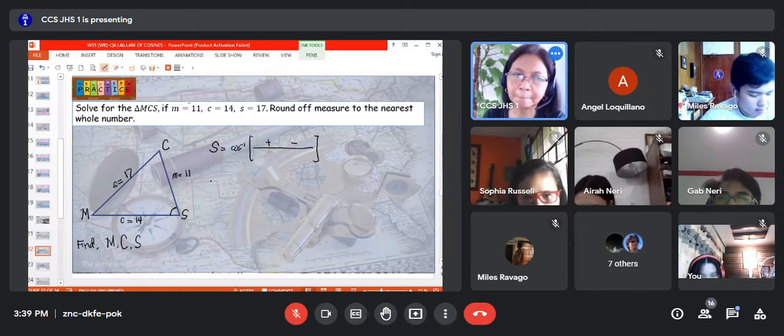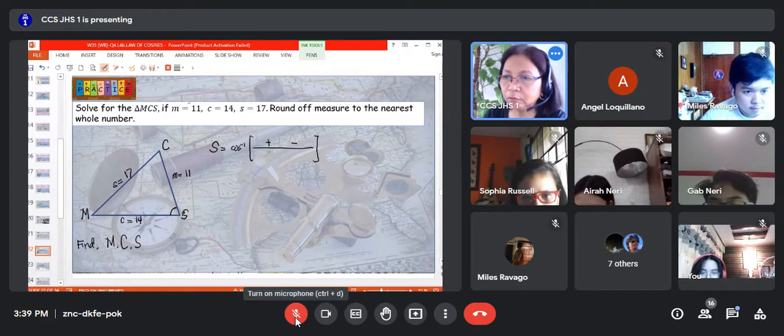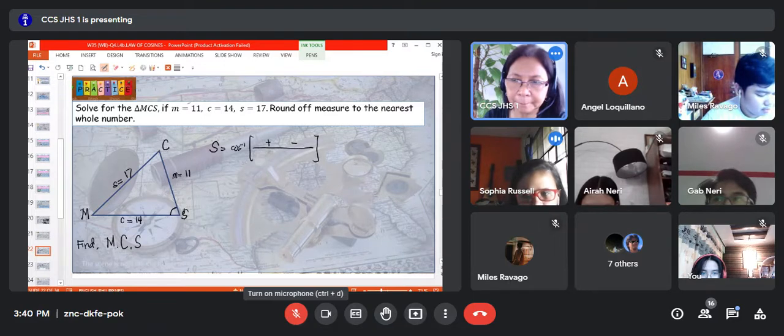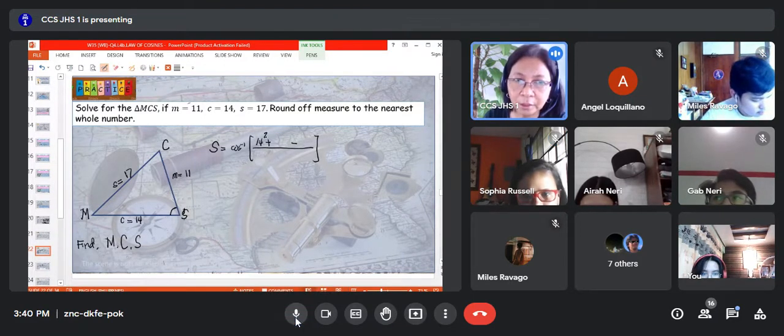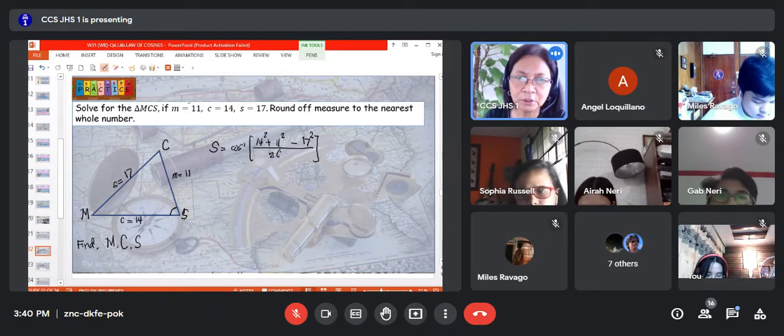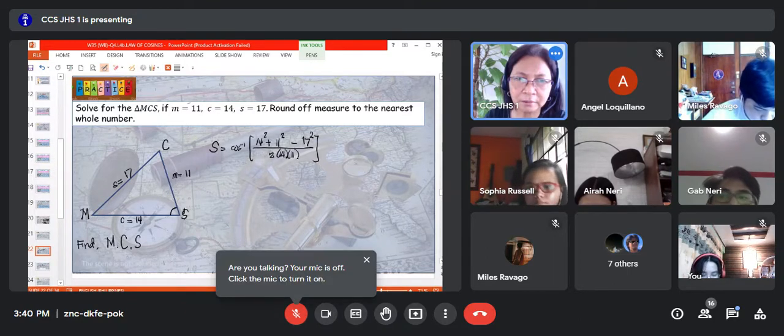The square of what? Anyone? 14. What else? 14 squared, 11 squared. Very good. Minus the square of 17. Correct. Over 2 times 14 times 11.